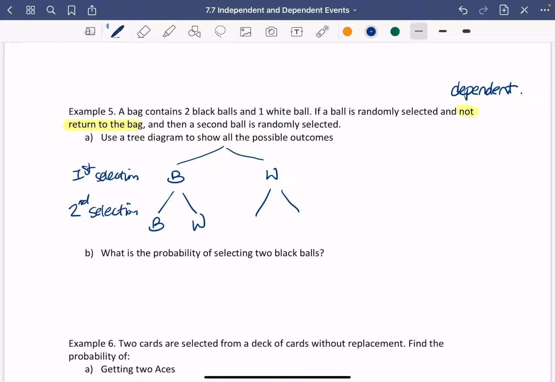But if you choose the white ball at first, how many balls are there left? There are 2 balls left. And what are they? They're all black balls. So you can only have the black ball. Is there a chance that you're getting a white ball? No. So let's write down the chances of getting the balls.